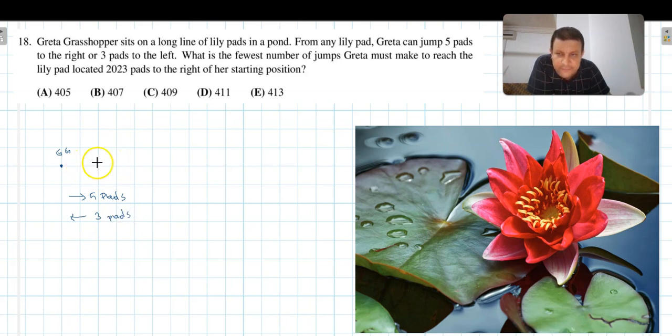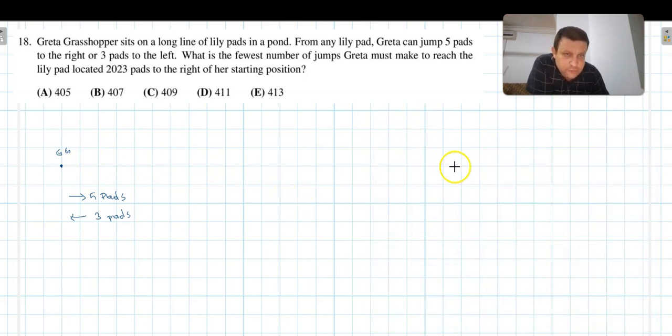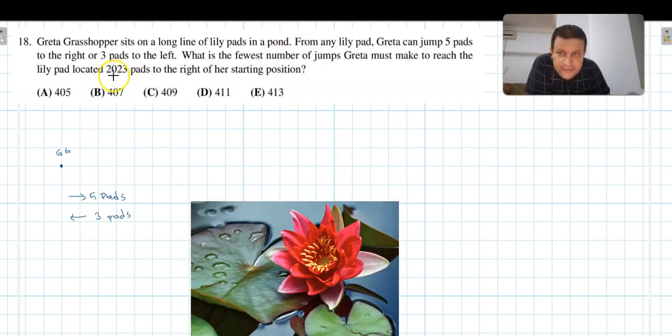And then after all the jumps, she needs to reach the place located at 2023. So let's assume it's somewhere here. This is the 2023rd lily pad.